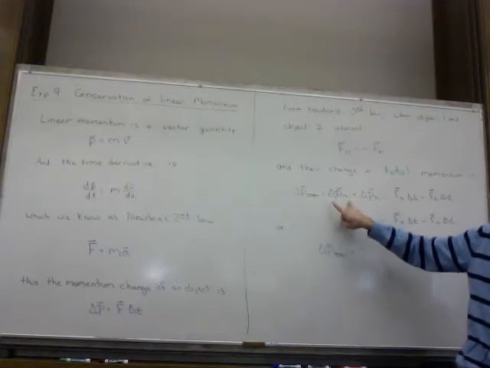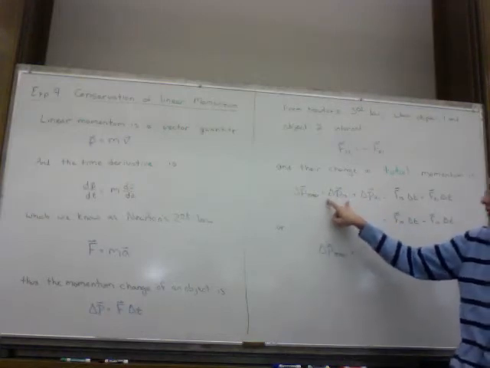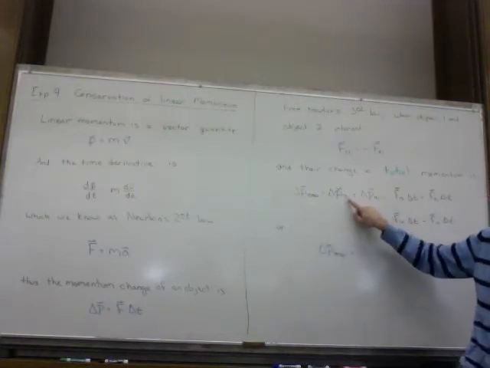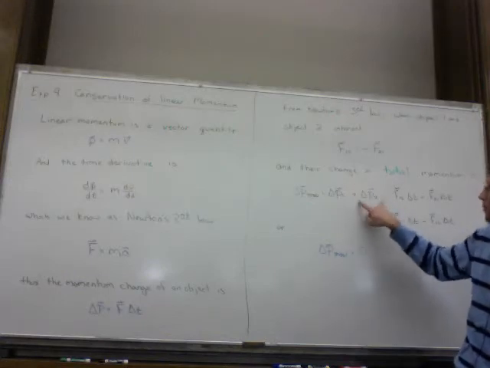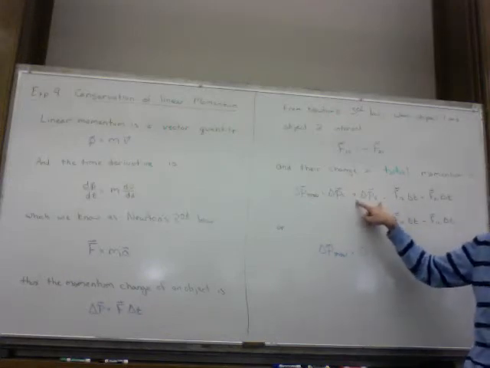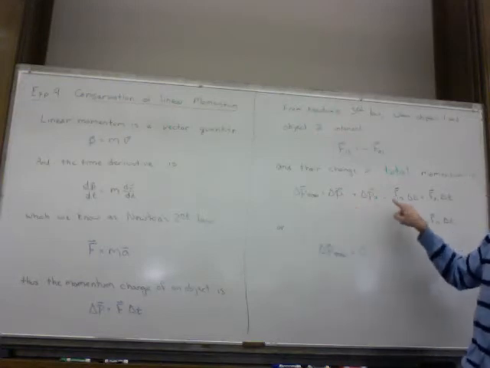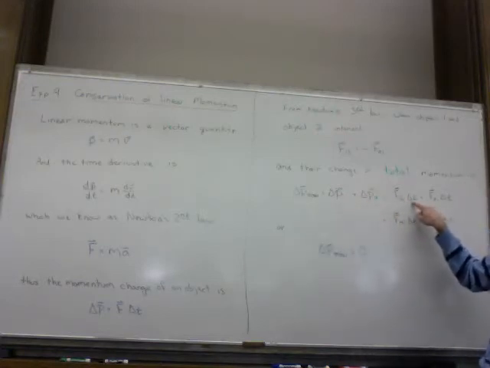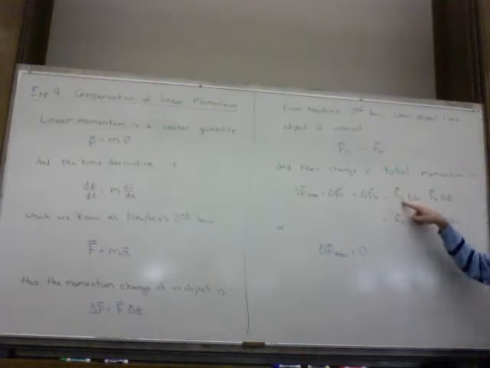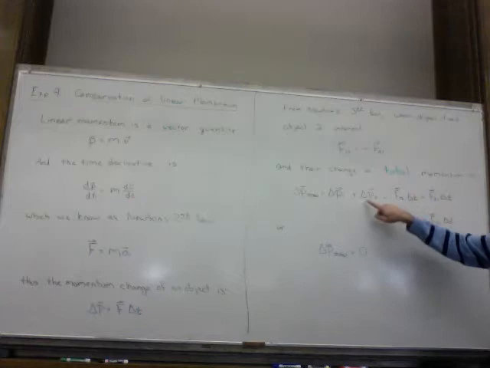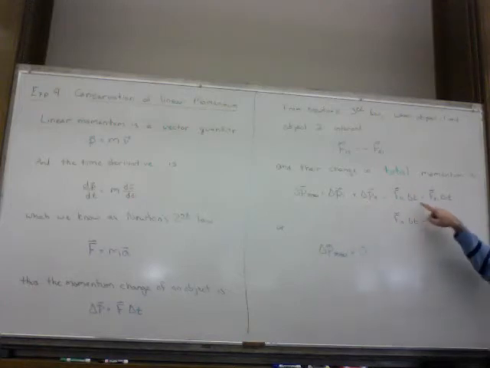And that change would be the sum of the change in the first object's momentum and the change in the momentum of the second object. The change in momentum of the first object is equal to F12 times delta t, the force exerted on object 1 by object 2 over the length of time that they interact. And likewise, the change in momentum of object 2 is equal to F21 times delta t.